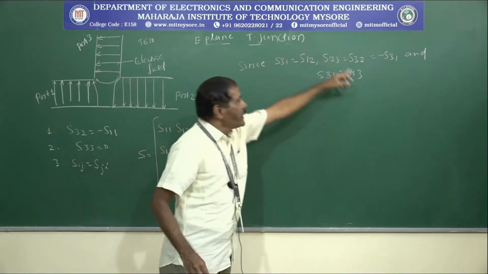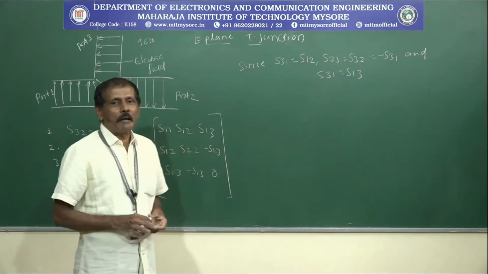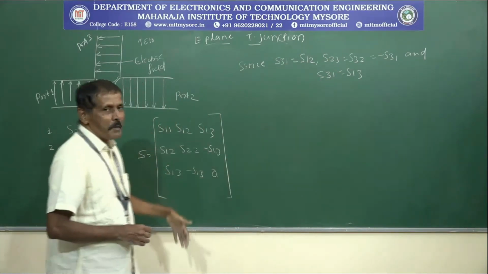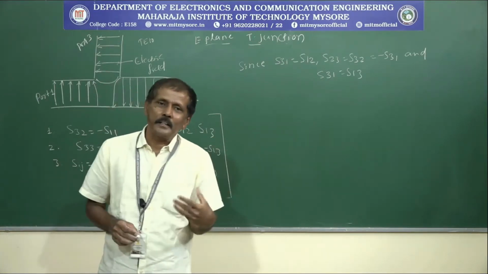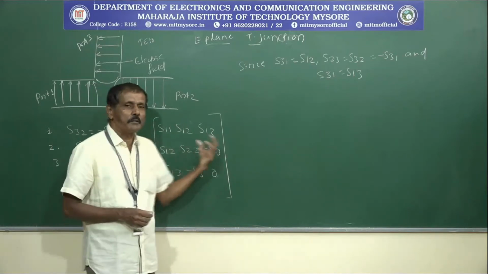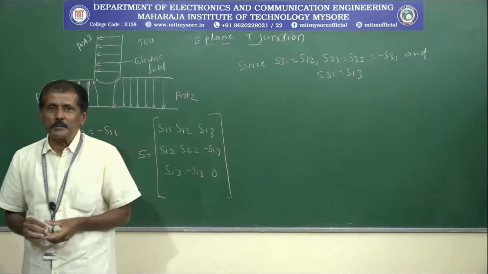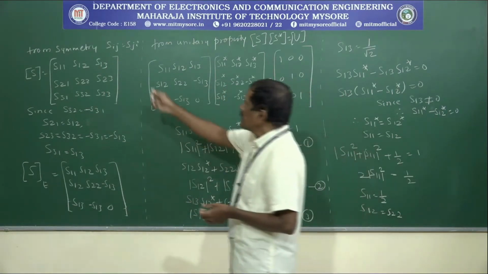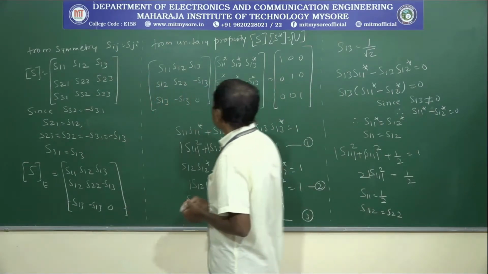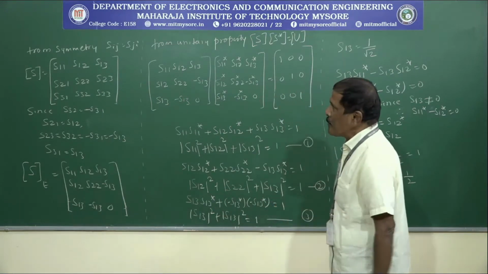So these are the equivalent values we are supposed to remember to further get the equations and to get the various input values and various output values, from the symmetry property of S parameters, Sij equal to Sji.